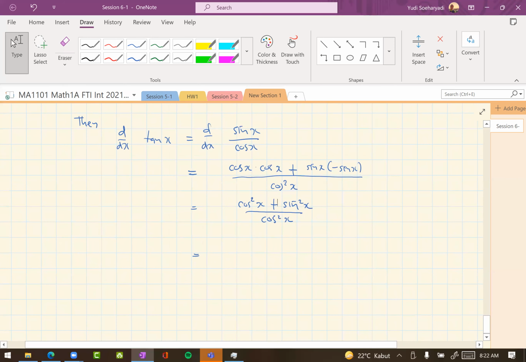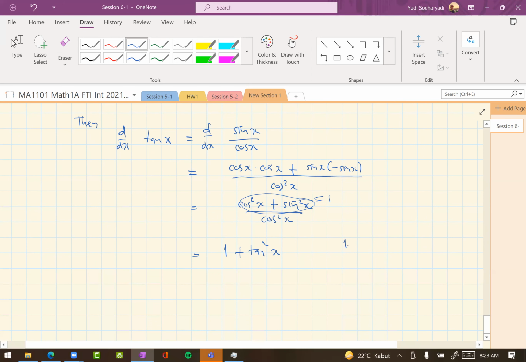Okay. So one way to express this is just divide by cosine square, so just 1 plus tan square. Another is because cosine square plus sine square is just 1, right? 1 over cosine square, that is secant.